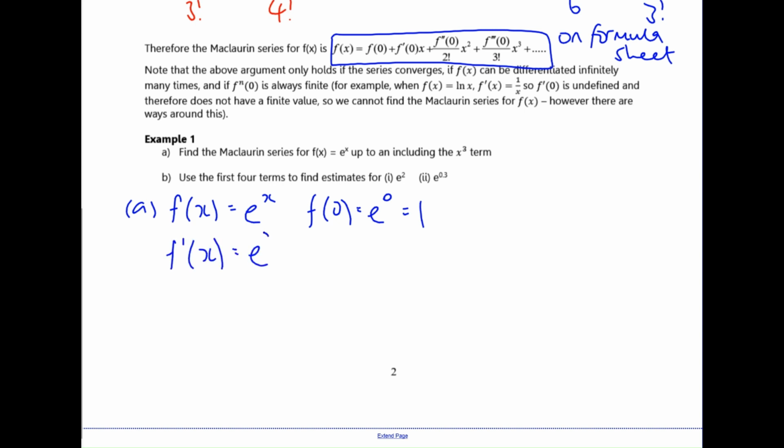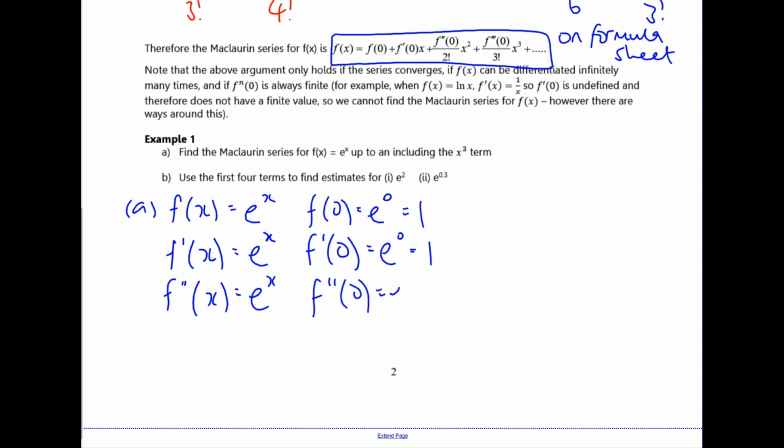Because it's e to the x, if I differentiate e to the x, I get the same thing. So every time I'm going to get e to the 0, which is 1. And I need to go up to the third derivative. So f triple dash of x equals e to the x, and evaluating that at 0 gives me another 1. So all of these are 1.